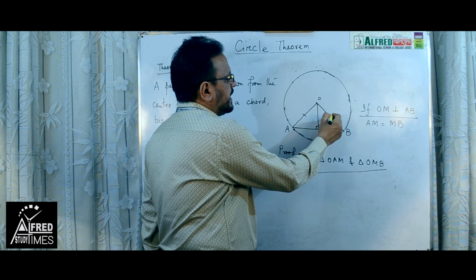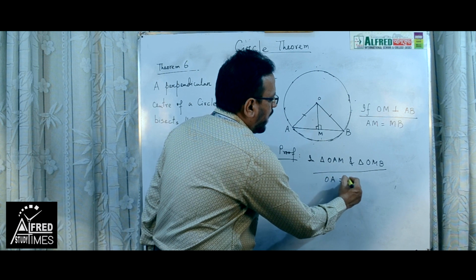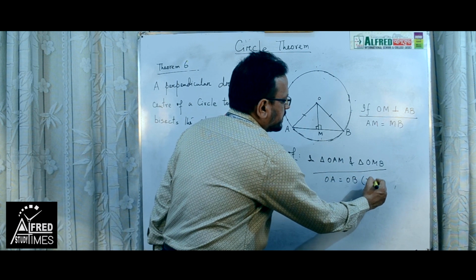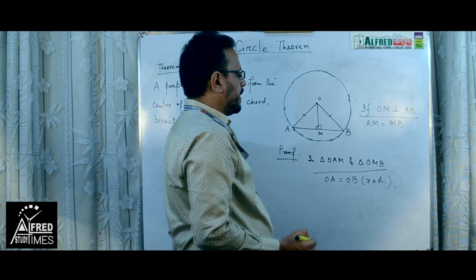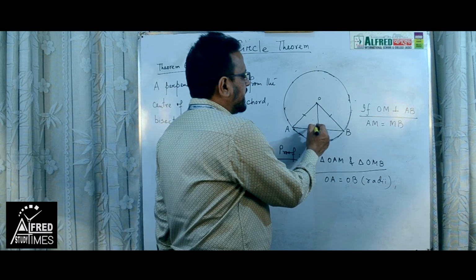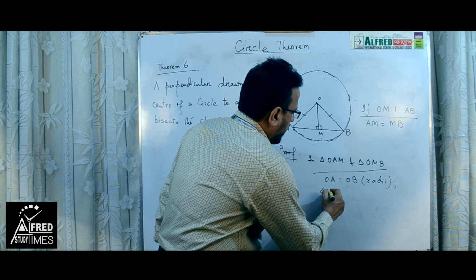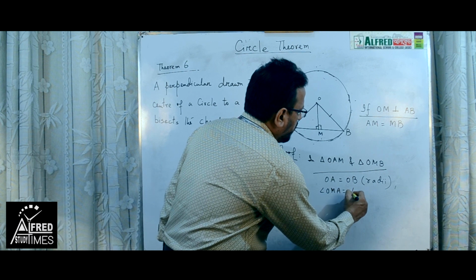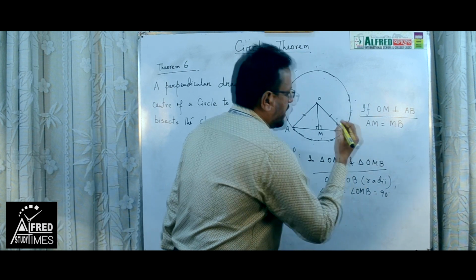This side and this side are equal. OA is equal to OB. Why? They are the radii; the plural form of radius is radii. And this angle is 90 degrees. Angle OMA is equal to angle OMB is equal to 90 degrees.